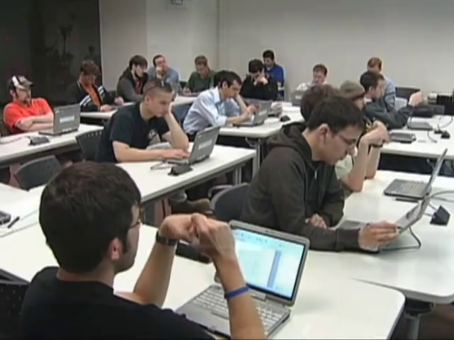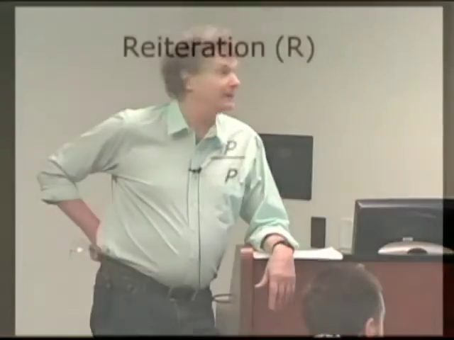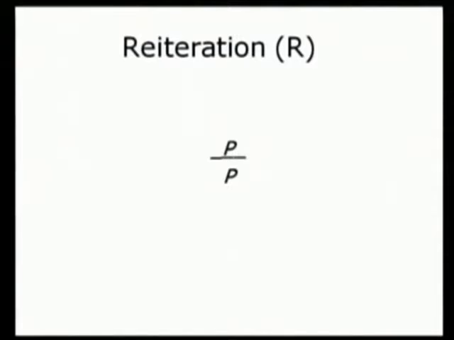This first rule is probably the most obvious thing in the world. You might wonder, why on earth would we ever need anything like this rule? Reiteration, which means literally saying it again. At the end of class today, we're going to start talking about conditional proofs and sub-derivations. This rule comes in handy for those particular techniques.